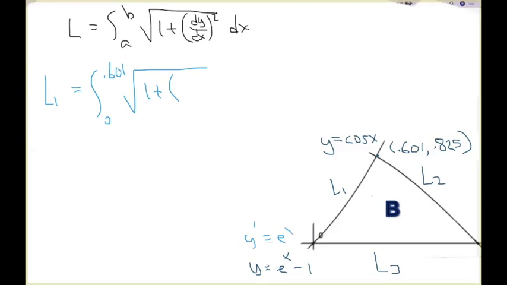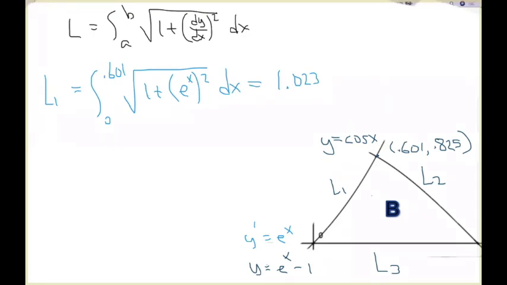The constant of subtracting 1 goes away. So we've got e to the x, that quantity squared, dx. And this is a calculator series of questions, so let's engage the calculator for us. That's what I got for length 1: 1.023. Is anyone not getting that?